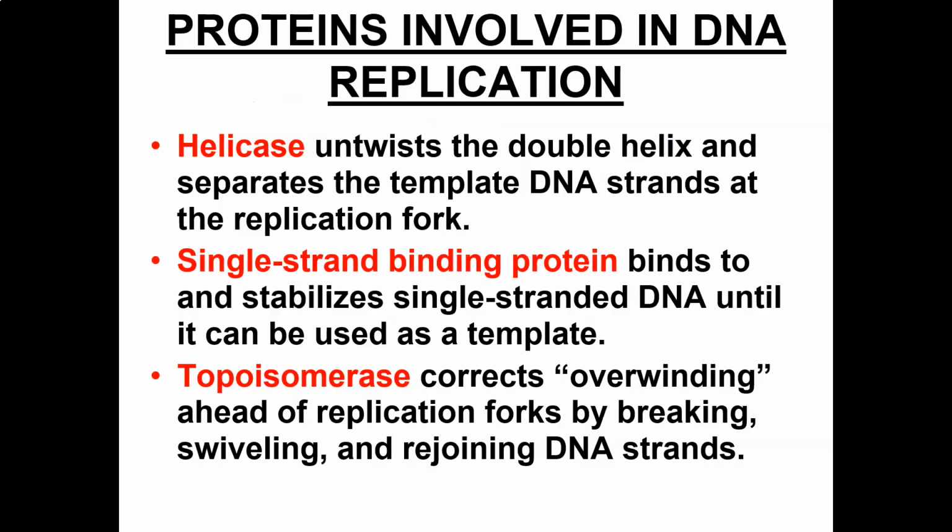So this is just a quick run through of all those proteins we talked about. You do need to be familiar with what they do. So you need helicase to unwind the double helix, single-strand binding protein to stabilize it, and topoisomerase. I did not mention that before, but as you unwind the DNA, you also tend to get overwinding ahead of the replication fork, so topoisomerase is needed for that.